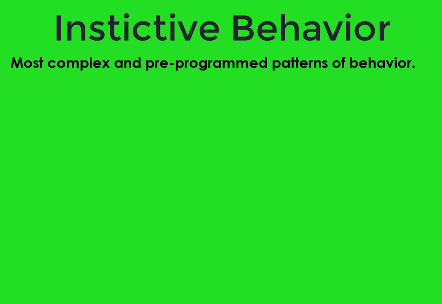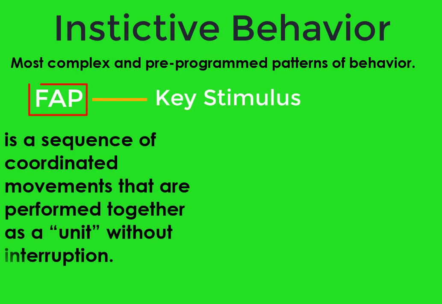Instinctive behavior is the most complex and pre-programmed patterns of behavior. Instinctive behaviors often involve a complex sequence of actions, what we call fixed action pattern, which is triggered by key stimulus. Fixed action pattern is a sequence of coordinated movements that are performed together as a unit without interruption.